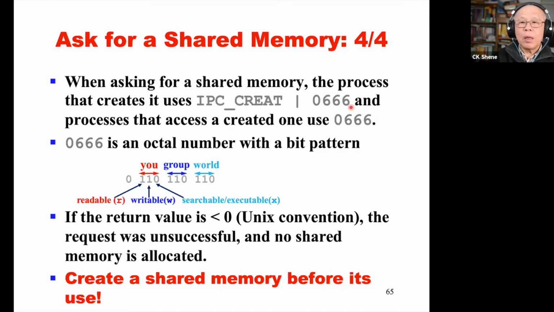So what does that mean? Each of these 666 is an octal number. When you specify an octal number, you have to add a prefix 0 there. If you don't add 0 there, it makes 666, which is wrong. Now, as I mentioned, 0666 is an octal number.